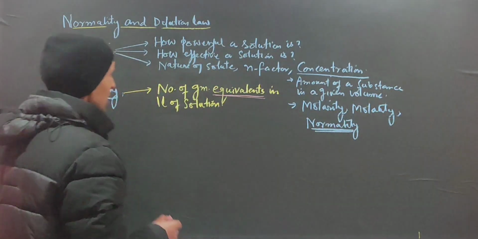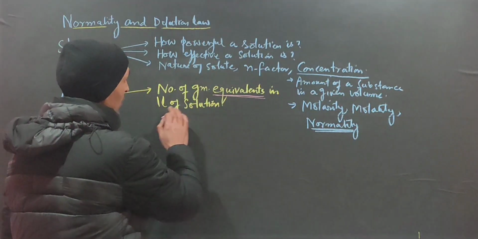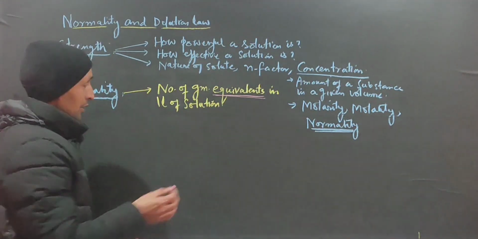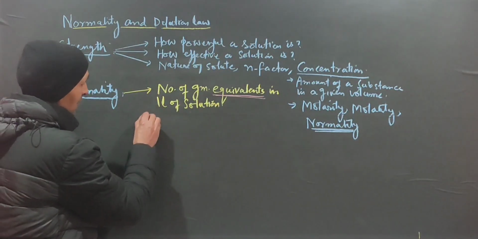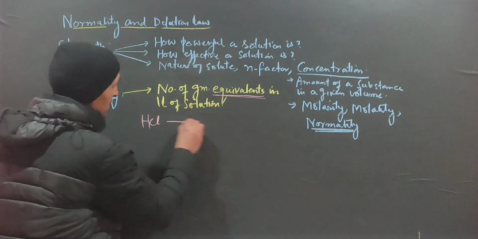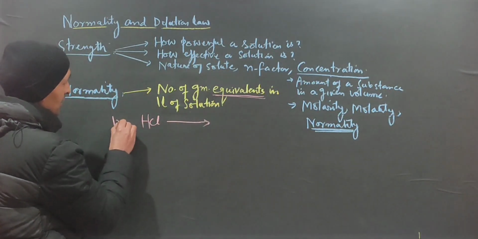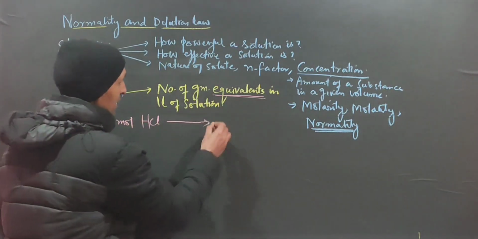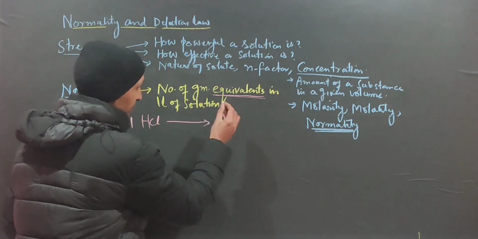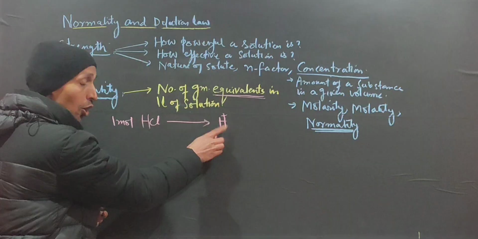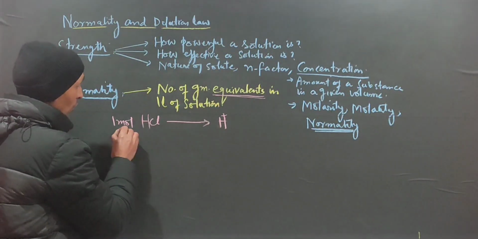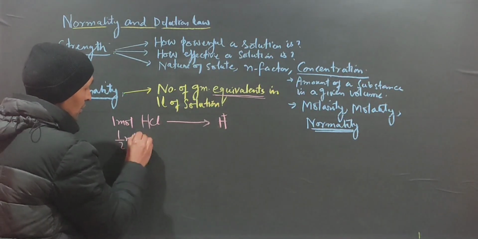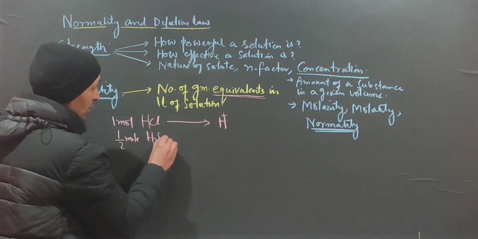Okay. So, the number of gram equivalents in 1 liter of solution. HCl is there, for example. 1 mole of HCl gives us H positive. The same job is being done by 1/2 mole of H2SO4.